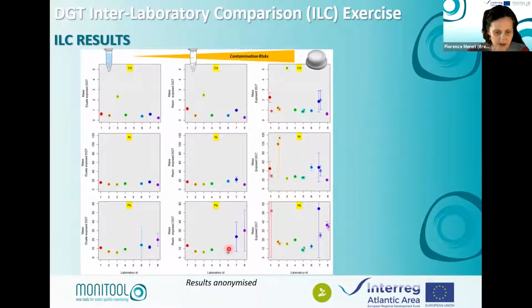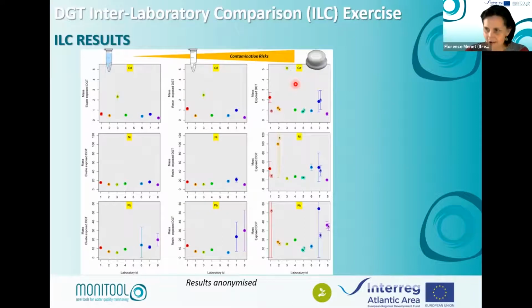Here in the middle, we had two steps to do, the elution plus the analysis. And in the third column, we had everything to do: opening the DGTs, elution and analysis. So from left to right, in theory, the contamination risks potentially increase.